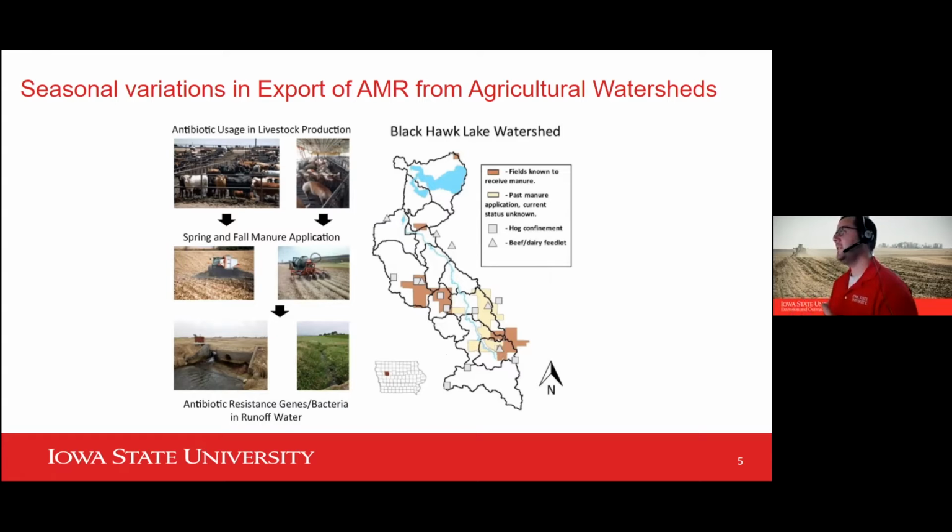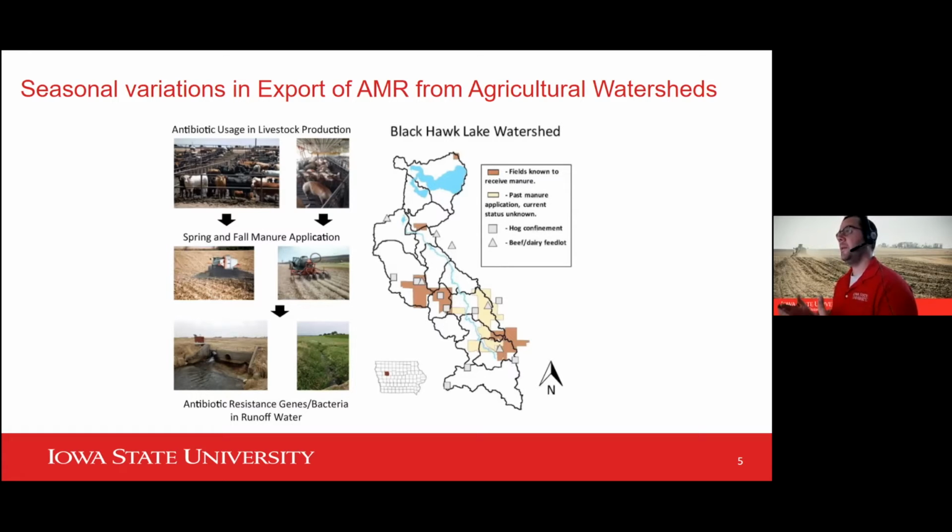So what they were really interested in is understanding, when do the genes that we typically associate with antibiotic resistance, when do they move? When do we find them in tile or stream water throughout the watershed? So they had some monitoring points, roughly 6 in this watershed, where they'd go take samples on a weekly basis and measure the prevalence of both those genes.